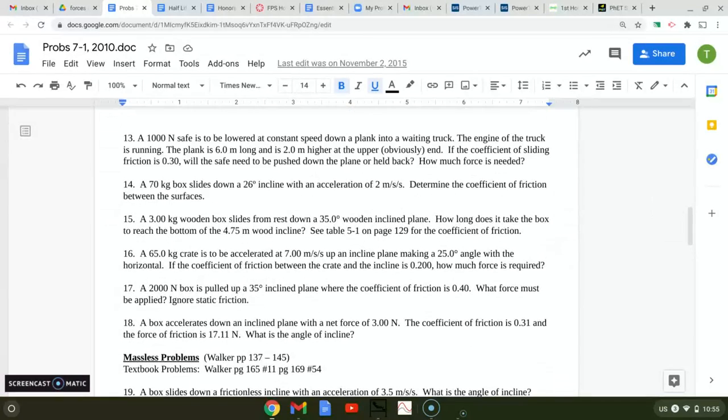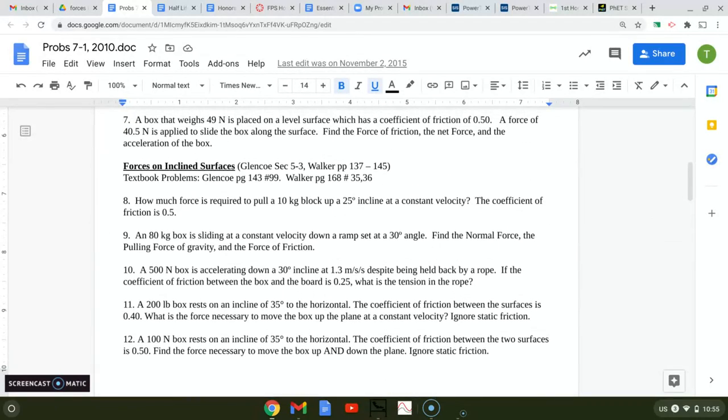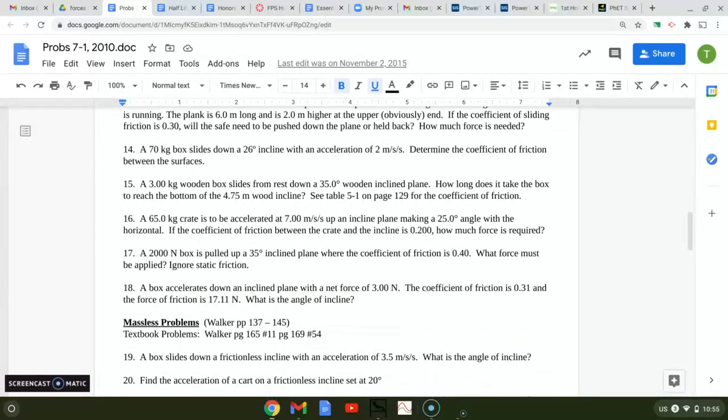So any like 8 through 18, any of these would be excellent preparation for the quiz that you're going to take on Thursday. Again, my answer key is online, and so you should be able to find that with those problems worked out. All right, good luck.